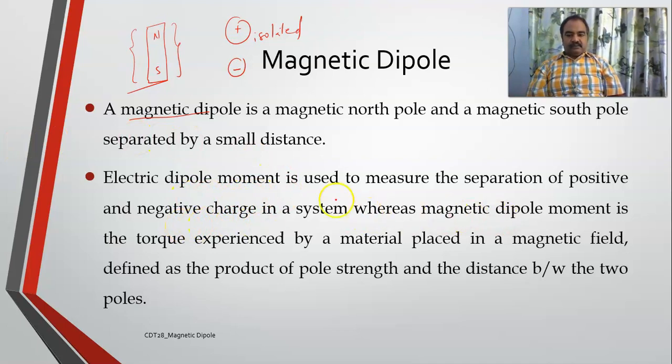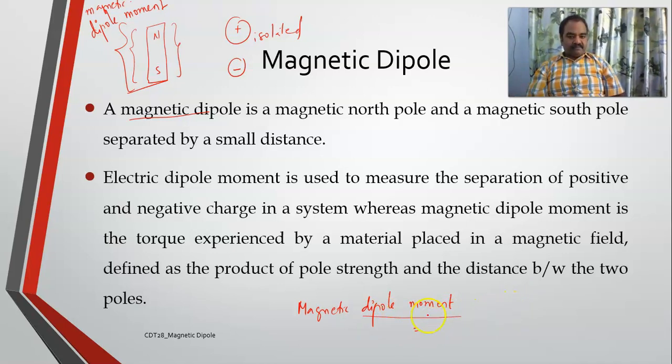It is also characterized by a dipole moment, what we call the magnetic dipole moment, which is the torque experienced by this material when it is placed in a magnetic field.